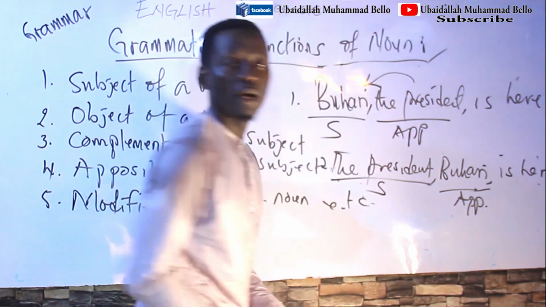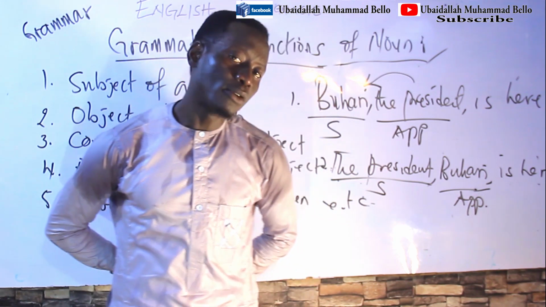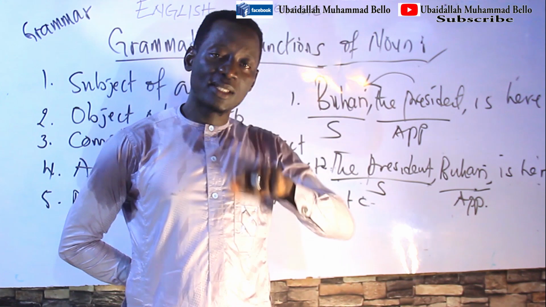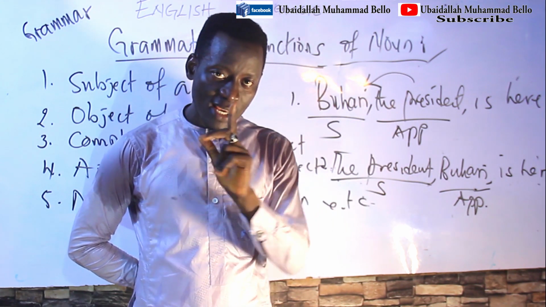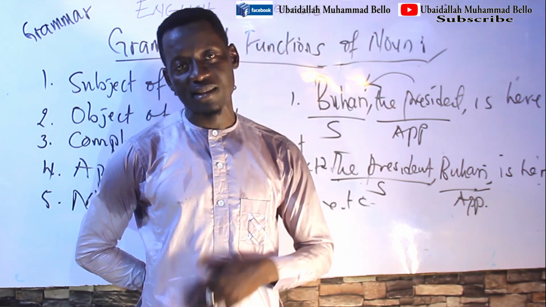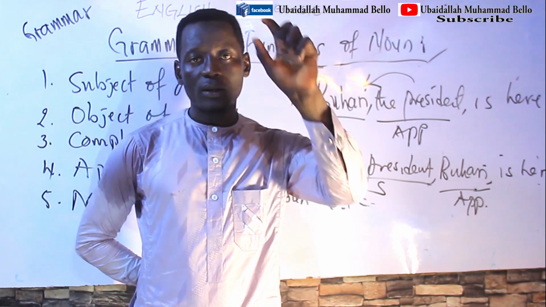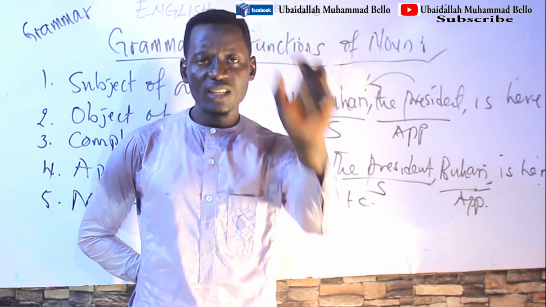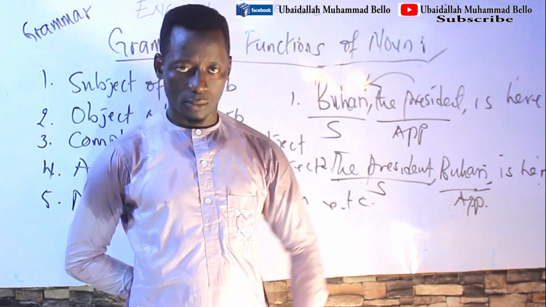Apposition of the subject. I know some of you may be wondering what actually distinguishes between subject complement and apposition of the subject. In subject complement, the exemplification we have focused on shows that the complement of the subject, which is a noun, is used after a verb.